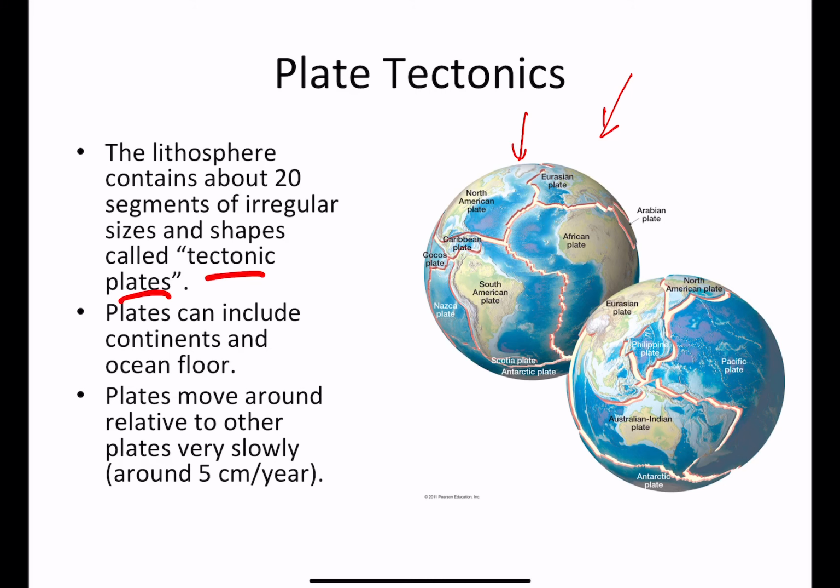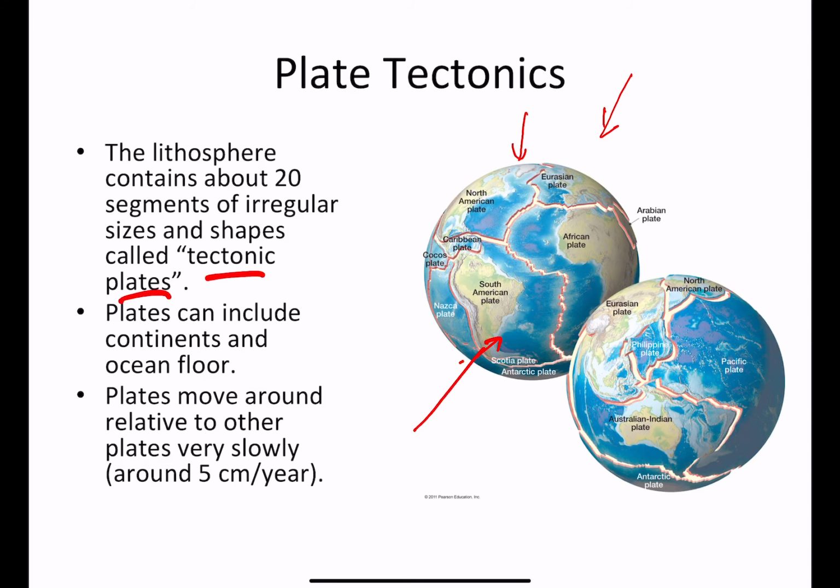And this tectonic plate called the South American plate consists of most of the continent of South America and also a part of the Atlantic Ocean as well. So the tectonic plates can consist of continents and ocean floor. It's not just continents. So hopefully the meaning of tectonic plate is clear.